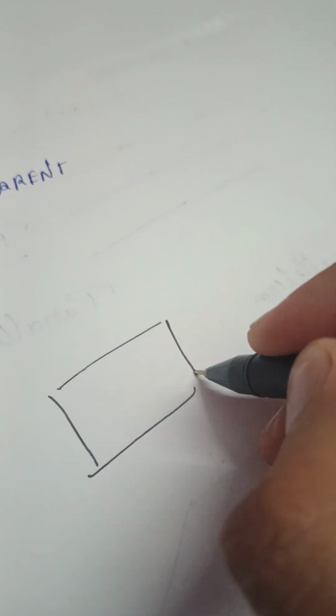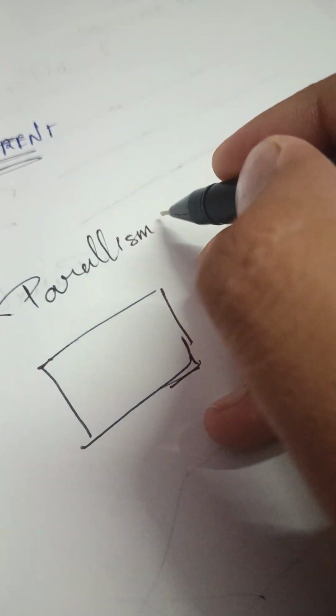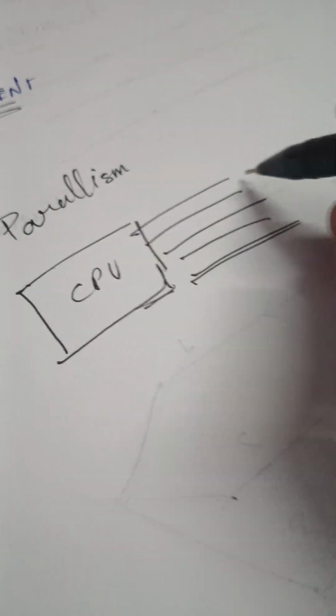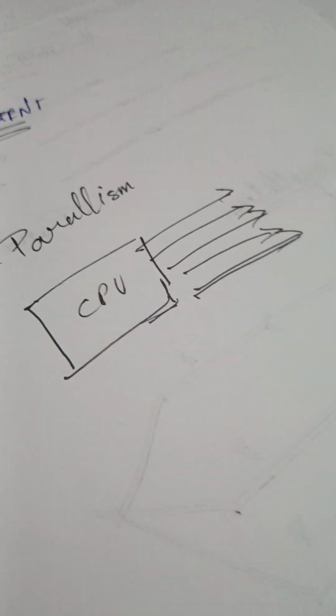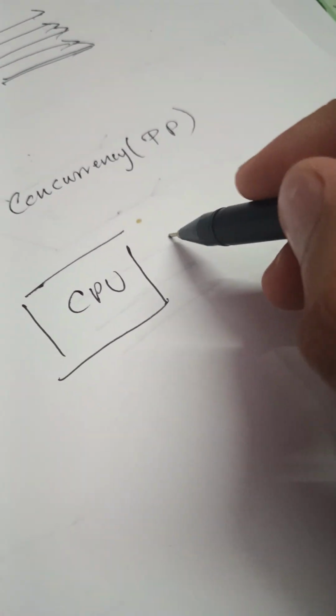If you look at the diagrammatical definition of parallelism, suppose this is parallelism. In parallelism, the CPU does multiple tasks at the same time, simultaneously, whereas in concurrency or pseudo parallelism, we have a CPU and we have multiple tasks.